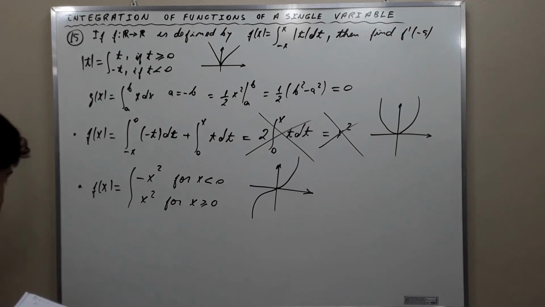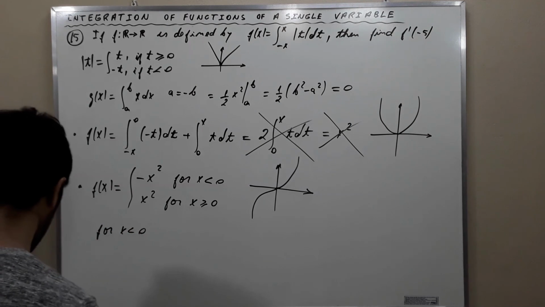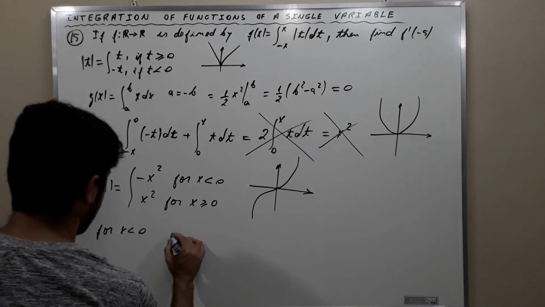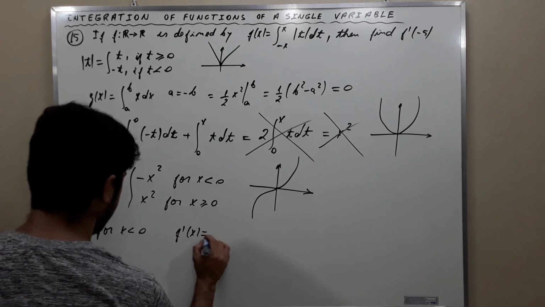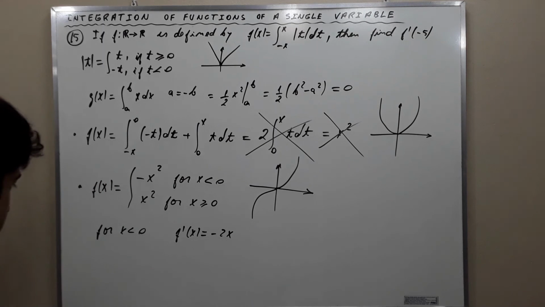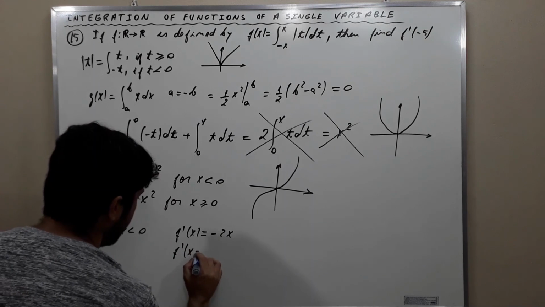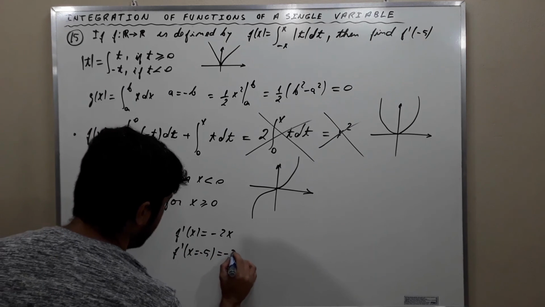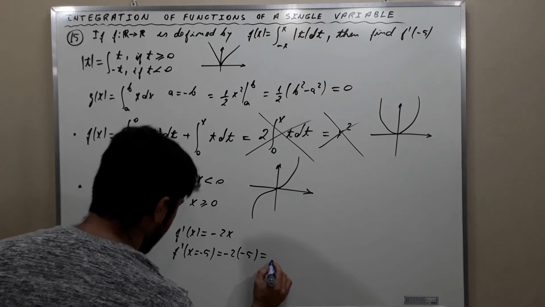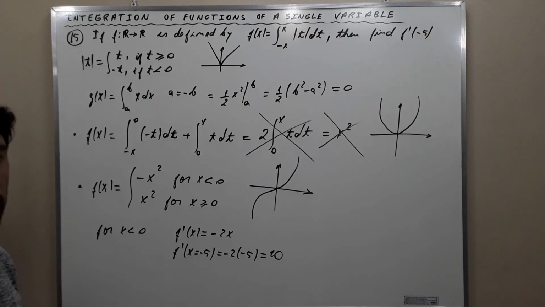For x less than 0, we get that the derivative of the function is equal to negative 2x. Okay? And for x equal to negative 5, we get this. And the result is 10. Okay, my friends? This is the solution of exercise 15.